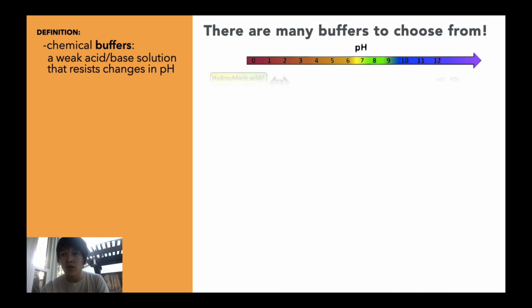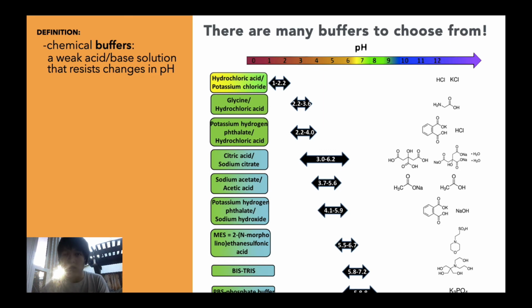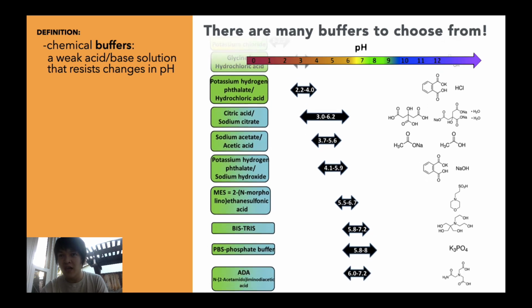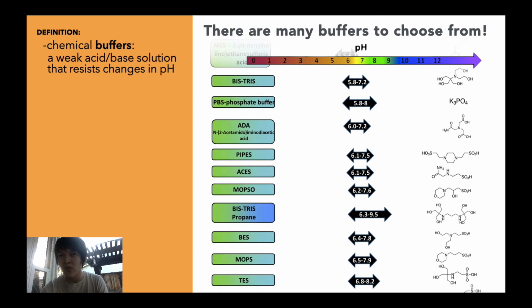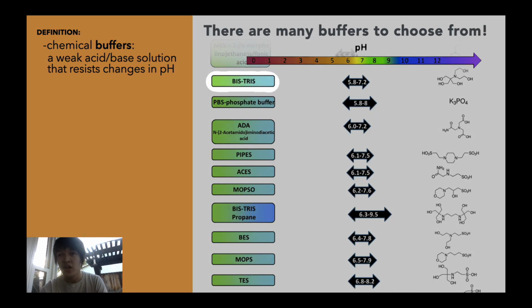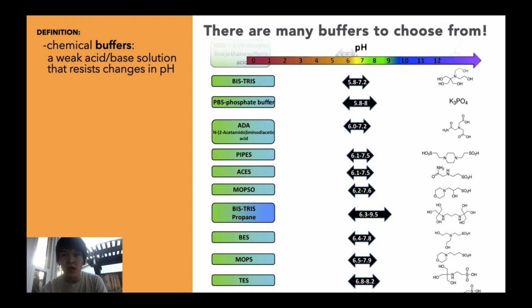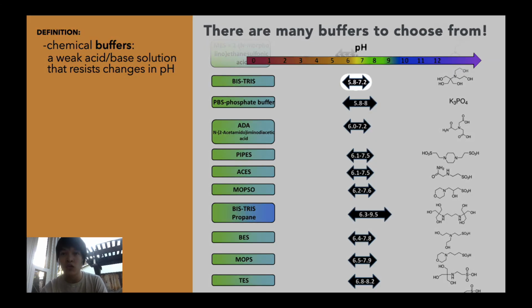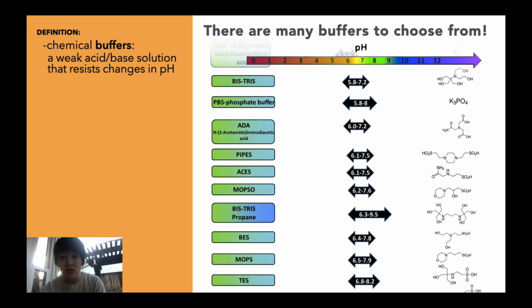For the video example that we just saw, if you recall, the buffer color was orangish. Now, in this list, something that would be in the orangish range is something called bis-tris buffer, which is used to keep the pH of a chemical system around 5.8 to 7.2, which would be orangish based on the pH indicator that was used in that video.